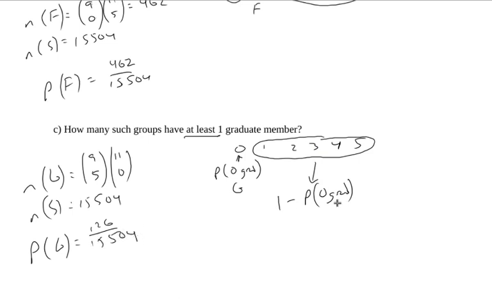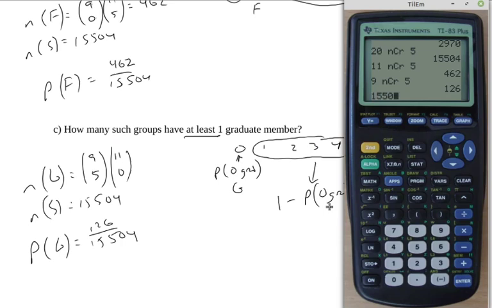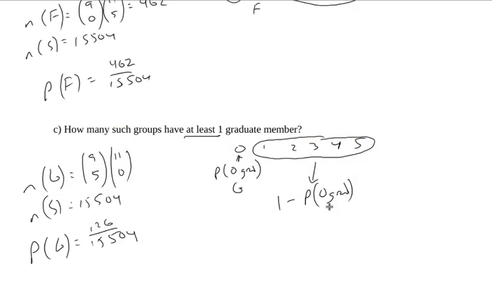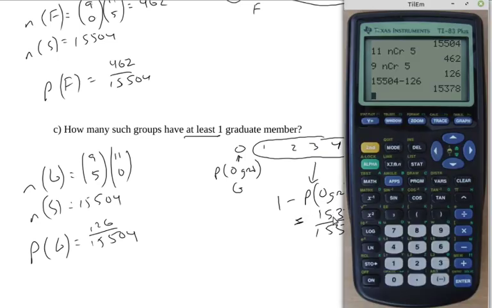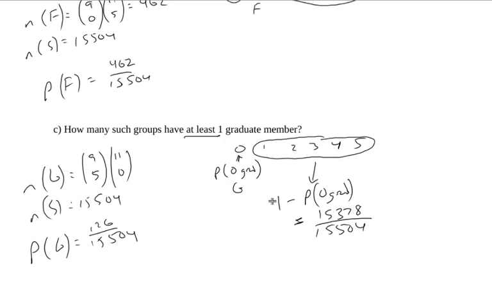Thus, 1 minus that probability. 15504 minus 126 is 15378 over 15504. The reason I did that subtraction is I'm counting this 1 as 15504 over 15504 minus 126 over 15504.